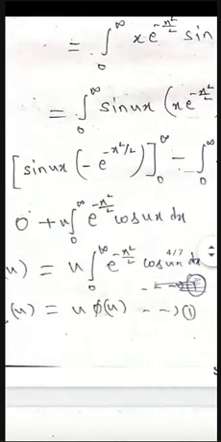In the place of x, you put infinity, e power minus infinity, as I discussed earlier, is 0. So if you substitute infinity in the upper limit, you will get 0. Minus lower limit: if you substitute sine 0, the first term sine 0, 0 into anything is 0. So for both upper and lower limit, it is 0.